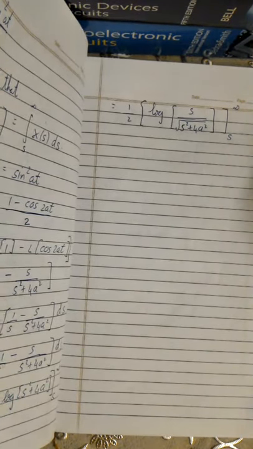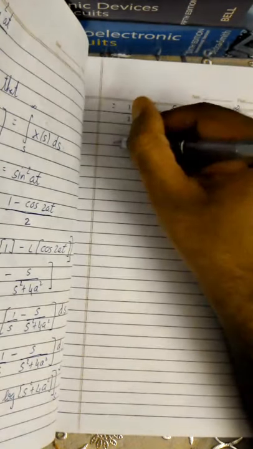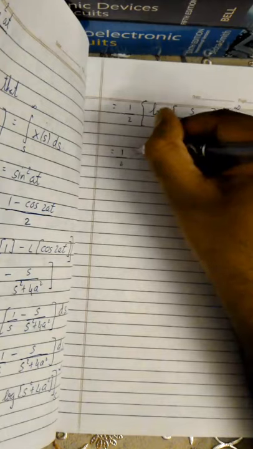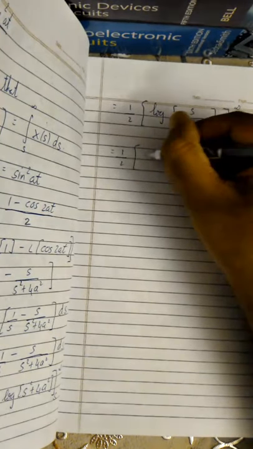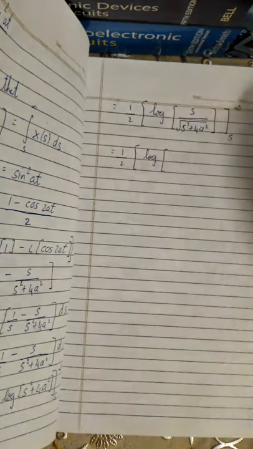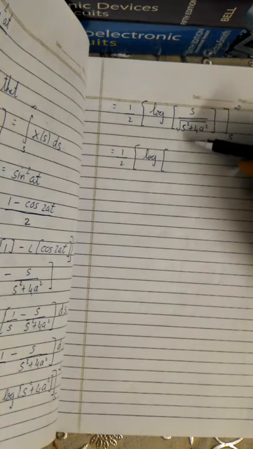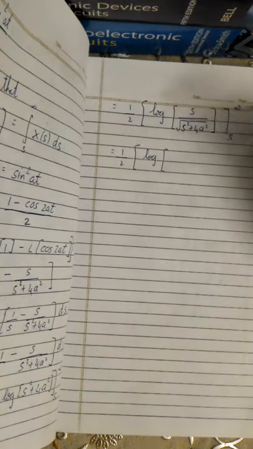Now I'm going to divide the numerator and denominator by s, same as before. So it will be 1/2 into log of... The reason I'm doing this is that I don't want to get infinity when I'm substituting s as infinity. Wherever possible I make s a denominator, because if I put s into the denominator of every value I see here, then that value becomes 0.